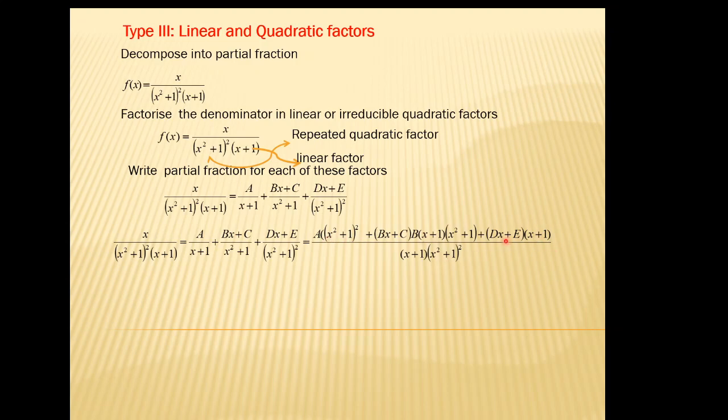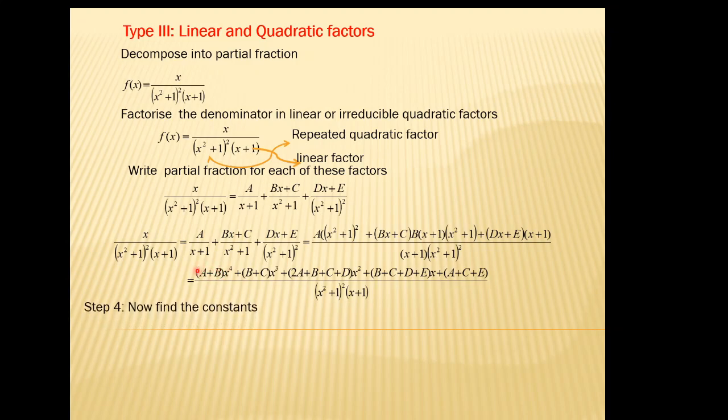Now we will expand the numerator, collect the coefficients of like powers of x, and find the constants a, b, c, d, e. Equating coefficients of like powers of x on both sides: the coefficient of x to the power 4 is a plus b. On the left hand side we didn't find any x to the power 4, so it means 0.